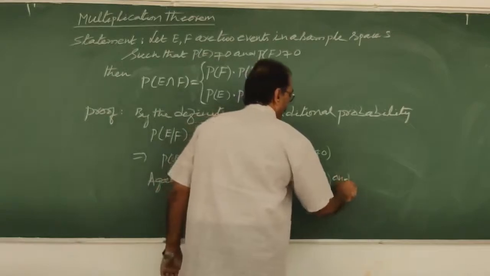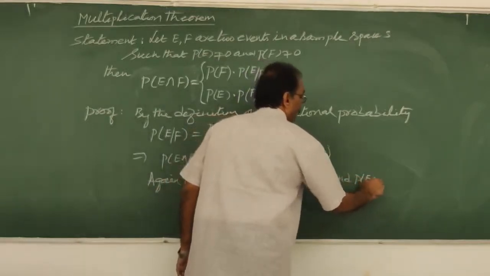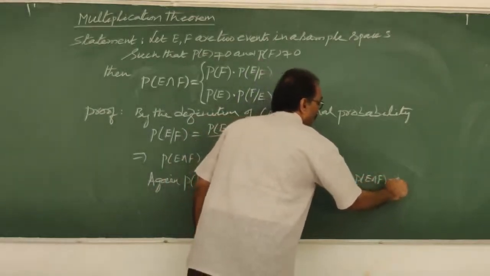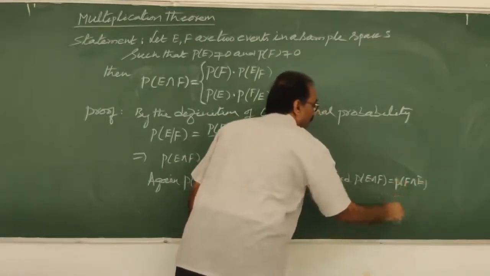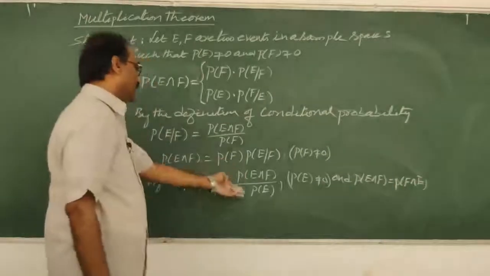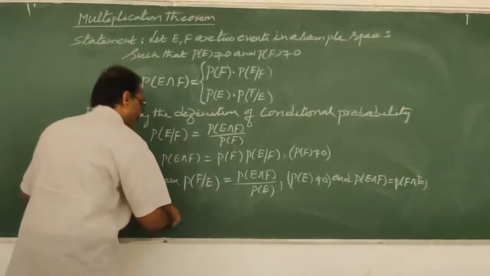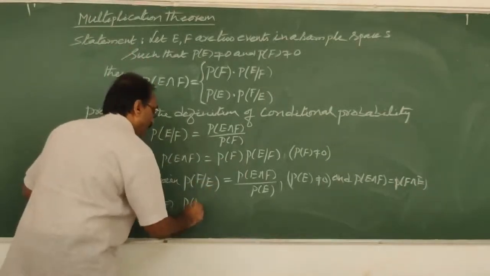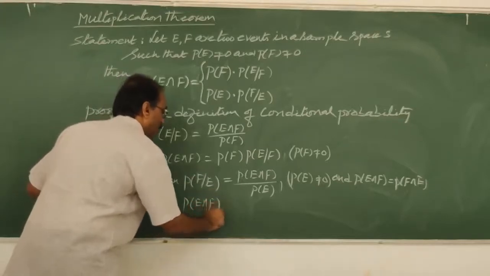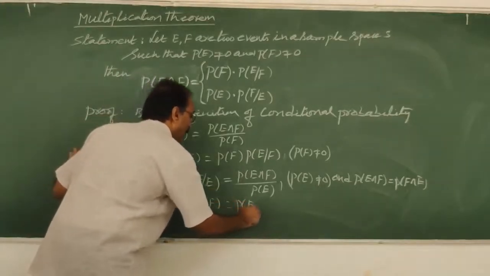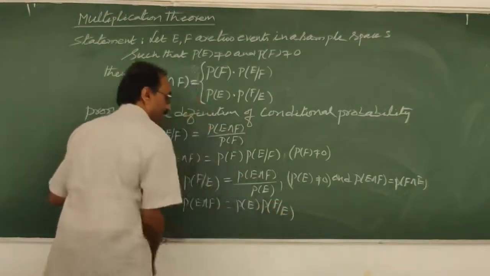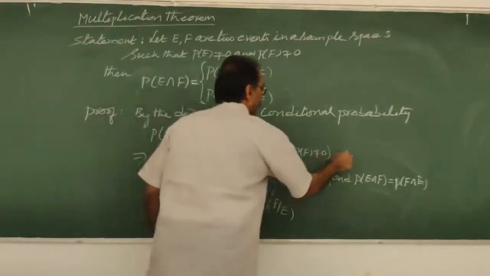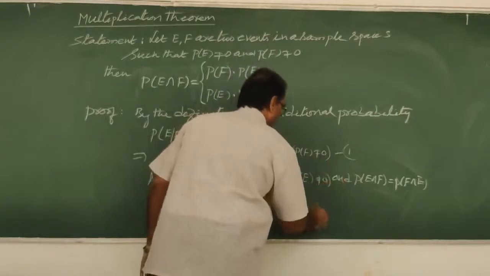P of E intersection F is equal to P of F intersection E, both are the same, so it doesn't matter which way you write it. Again, you cross multiply: P of E intersection F is equal to P of E into P of F given E. Say this is equation 1 and this is equation 2.